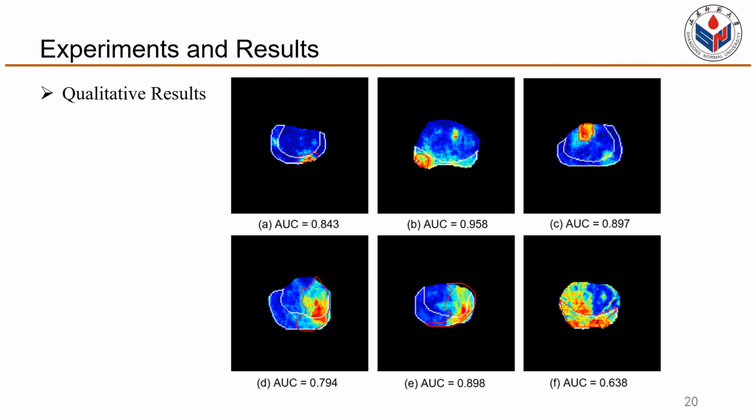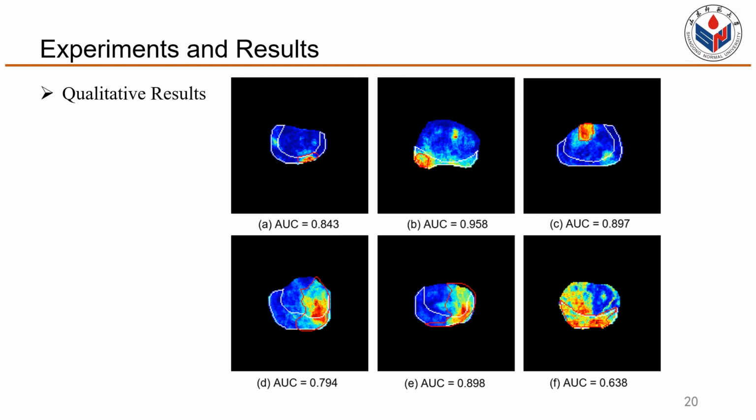Then we use the selected features to generate the probability maps. These figures show the probability maps generated by the random forest. In the probability maps, the red color indicates the high probability of being tumor. The white contour and the red contour depict the ground truth of the peripheral zone and the tumor.